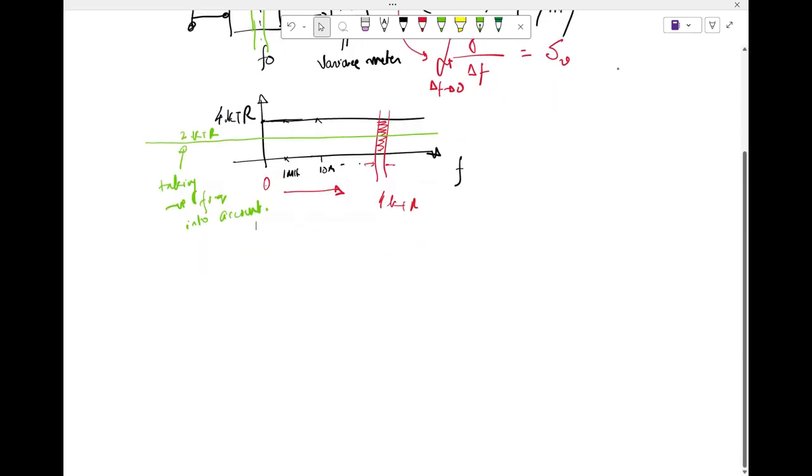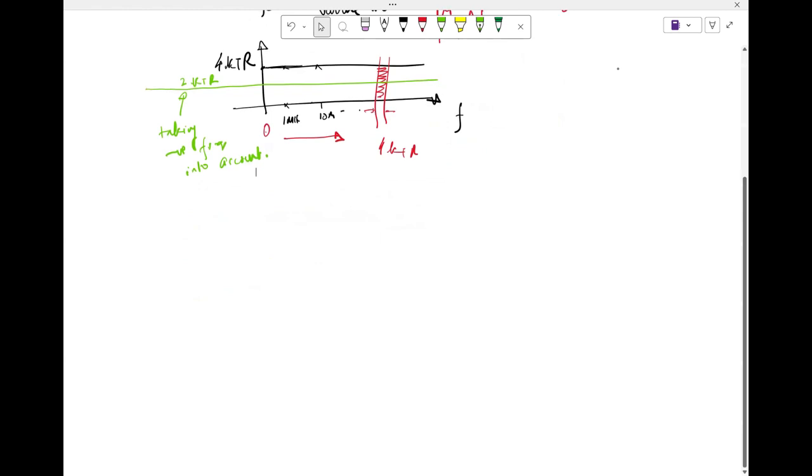So now let's start moving into the analysis of noise, or rather, if noise is present in a network or a circuit, how should we go about dealing with it, right? Okay. So let's say I have a resistor.